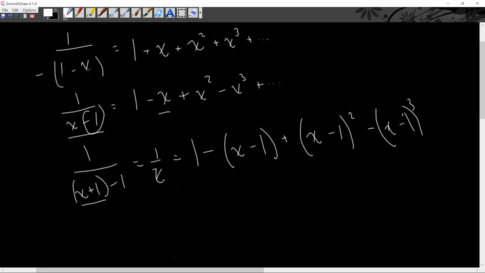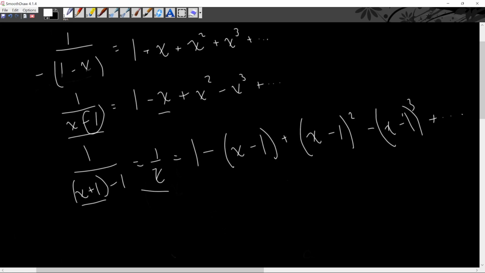So now we are getting somewhere. As you can see, we have 1 over x. And now we have the sort of jumping off point from where we tried to start.